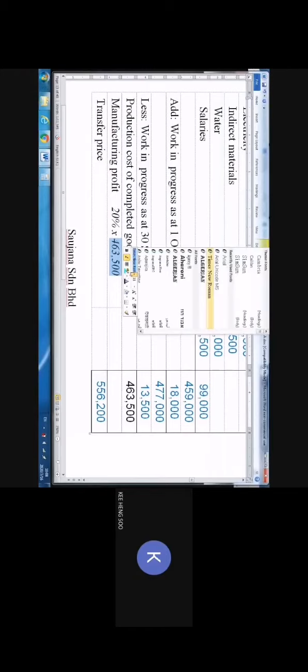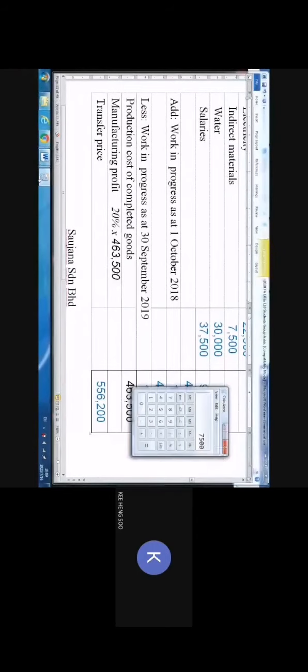Once you get this figure, you calculate 20%. You see that? You calculate 20%. Then you can get your profit. 463,500 times 20% is 92,700.